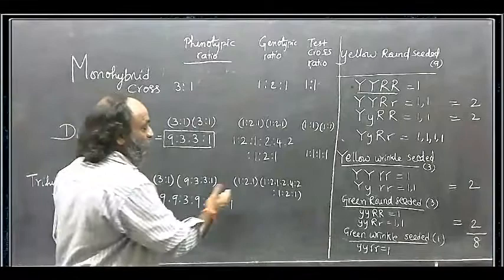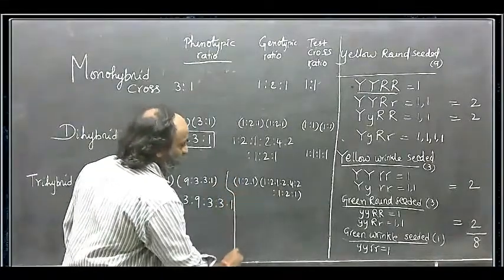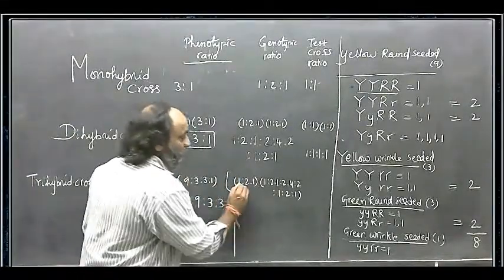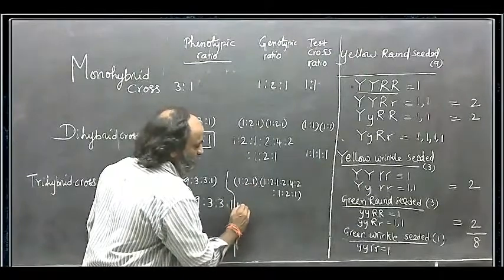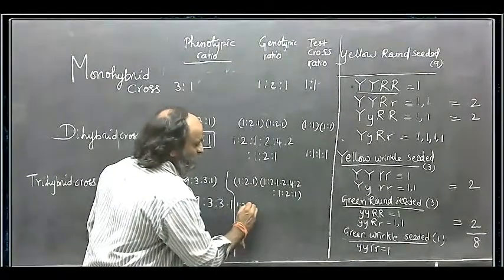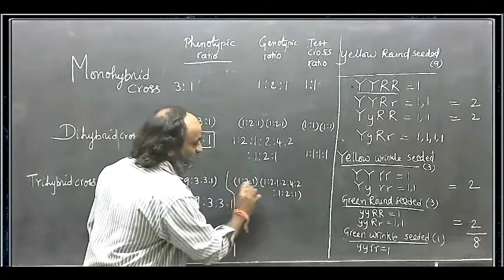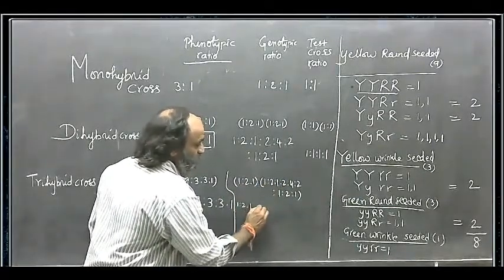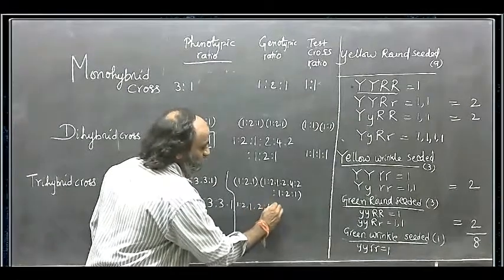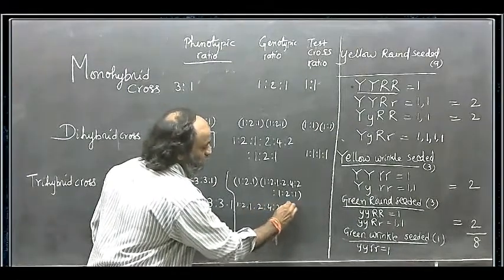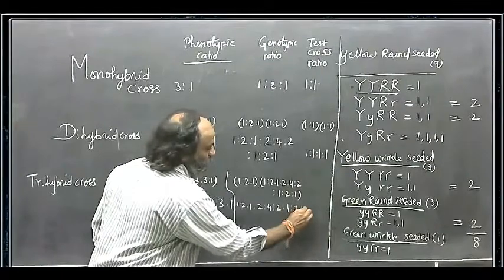Now you are going to get a big ratio for this. Everything is multiplied by 1, then by 2, then by 1 again.